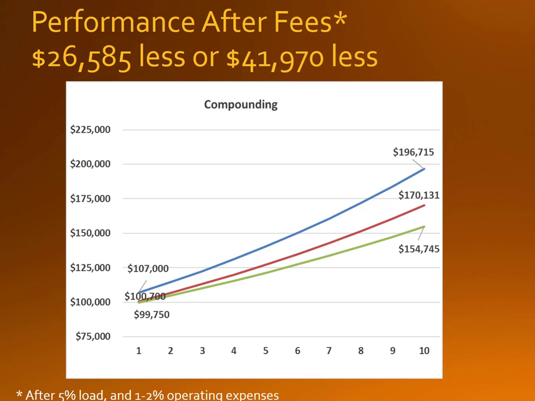But if your $100,000 starts out at $95,000, remember, minus the sales commission charge of 5% load, and then you subtract another 1% per year for operating expenses, you have $27,000 less at the end of 10 years. If you are paying an advisor an additional 1%, you end up with just $155,000. That is nearly $43,000 less than what you would have had with no fees.